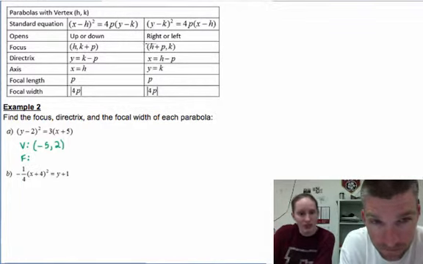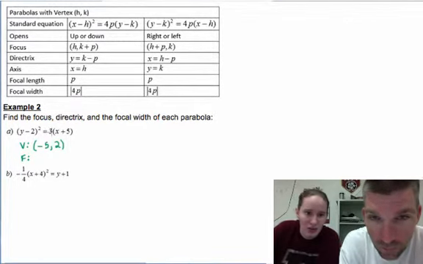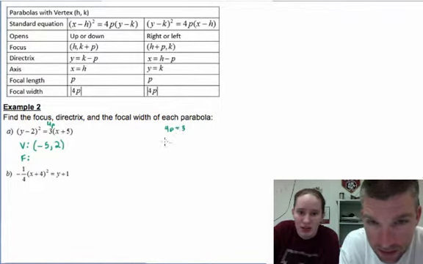All right, so our focus takes h plus p comma k. We've got to find p. Well, 4p is equal to 3, this part right here in front of our parentheses. So if 4p equals 3, p equals 3/4.